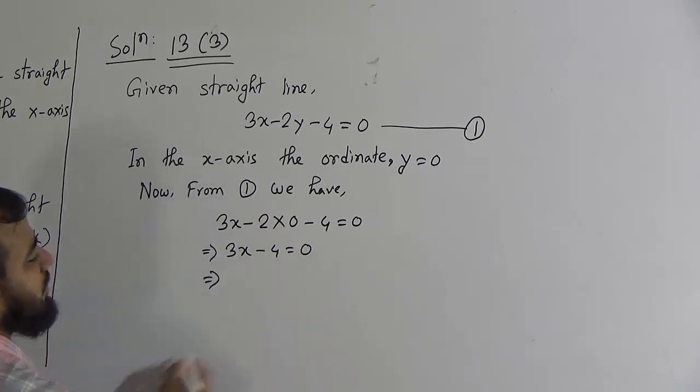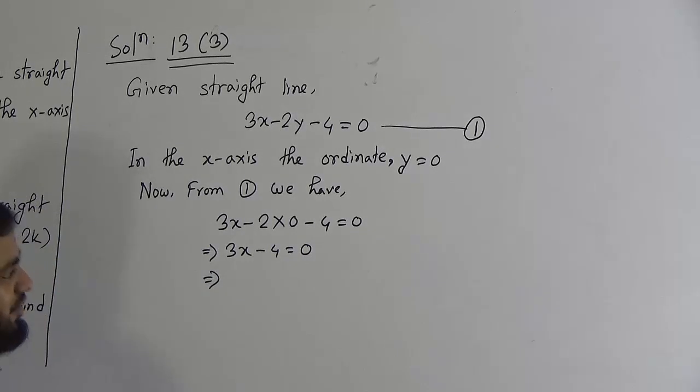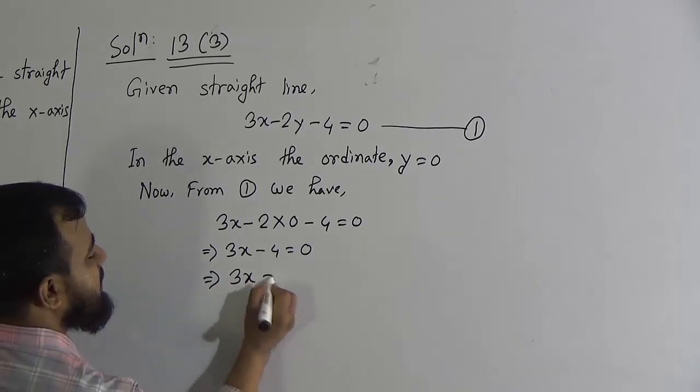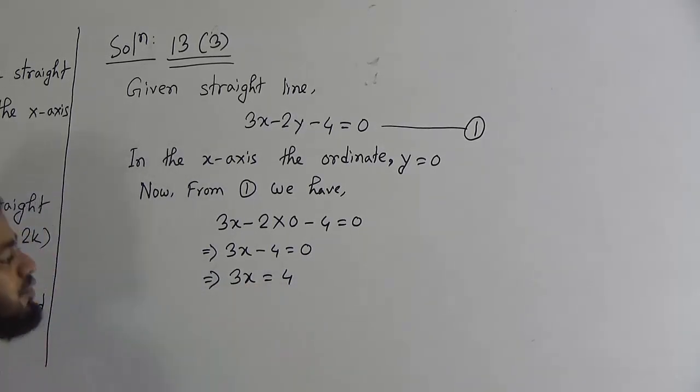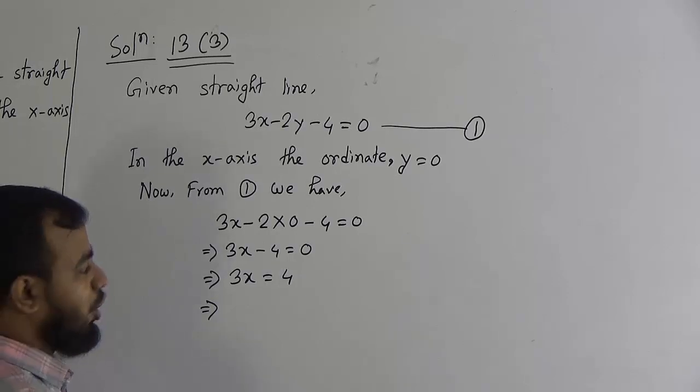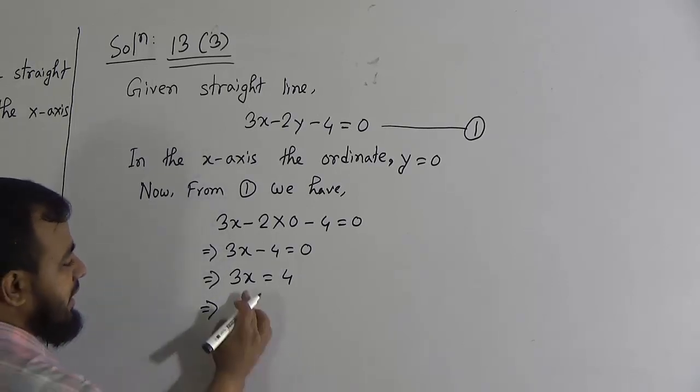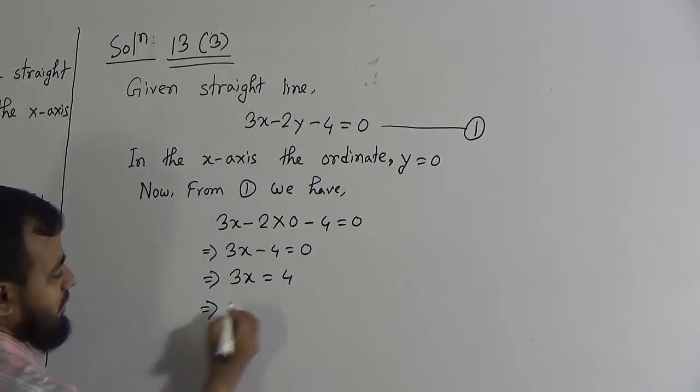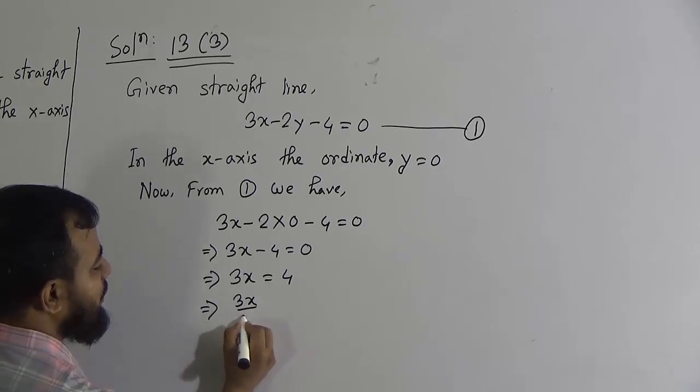Now transfer this minus 4 to the right side. If we transfer this, we will find 3x equal to 4, because 4 will take a plus sign. Now we need to free this x to find the value of x, so we divide both sides by 3.